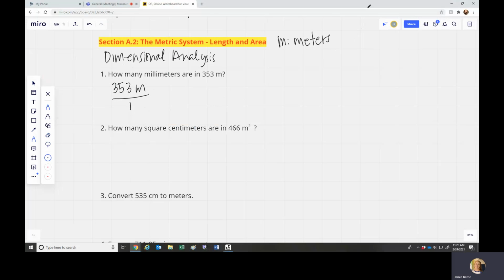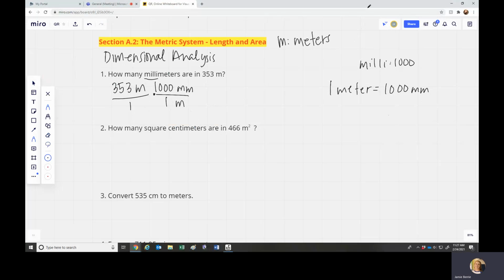All right, so we're trying to get from meters to millimeters, and we know that the prefix milli means 1,000. So we're going to multiply by 1 meter in the bottom, because that's going to cancel meters with meters, is the same thing as 1,000 millimeters. So 1 meter is equal to 1,000 millimeters.